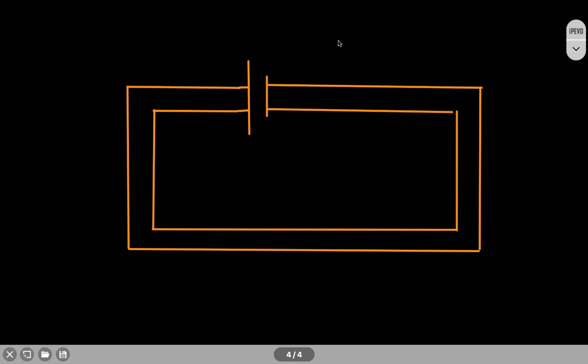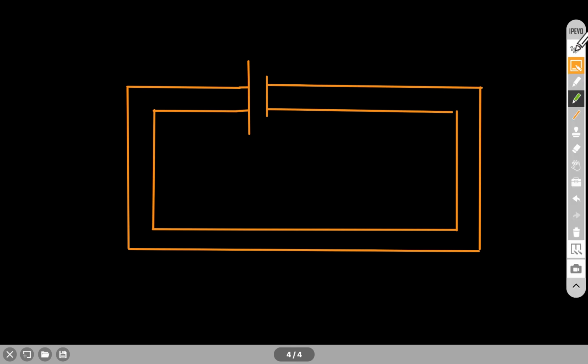Here I have the circuit that I just showed you, and as I mentioned before, this is the positive side of the battery, this is the negative side of the battery. I want to use surface charges to see how I can create a current that is the same throughout the circuit.